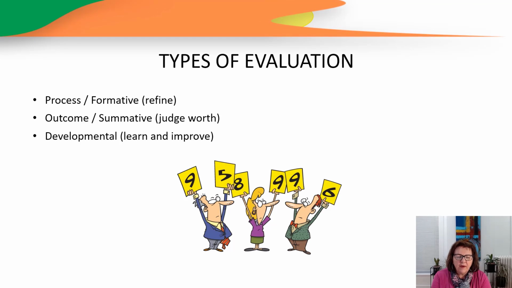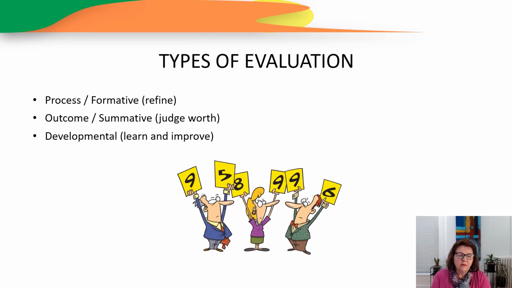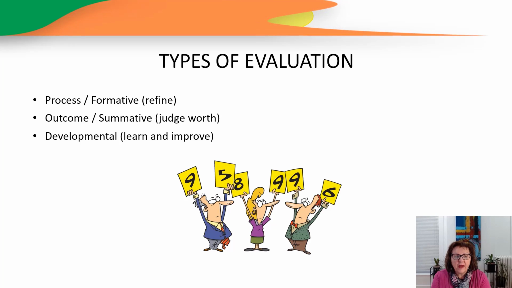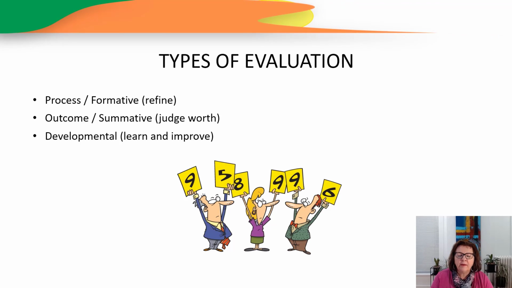And I write them in that order and describe them that way because it creates an acronym of POD. And that's actually how I remember them, as POD, process, outcome, and developmental. Process is also known as formative evaluation. And that's really what we're gathering data and evaluating in order to be able to refine what we're doing and making it more efficient and effective.